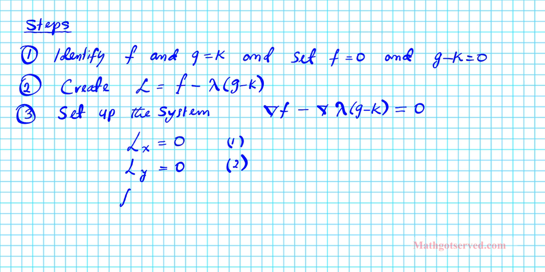Partial derivative with respect to z, set it equal to 0. That will be equation 3. And then lastly, partial derivative with respect to lambda, set that equal to 0. That will be equation 4. So this is how it looks if the function is in 3 variables. If it were 2 variables, you just have x, y, and lambda for your partials, and that will be your system of equations at 3 by 3.